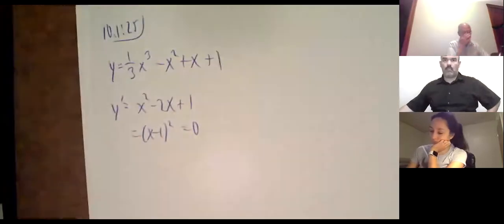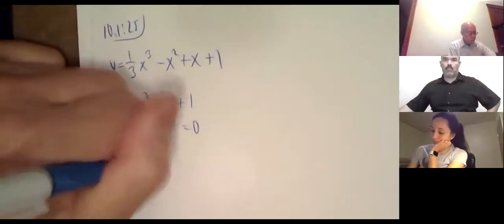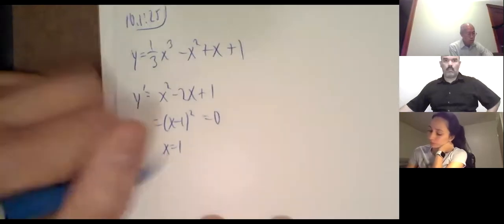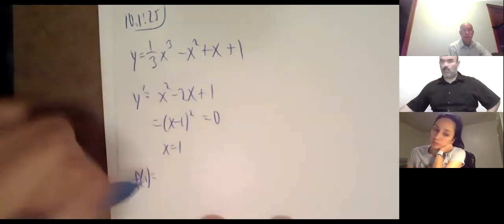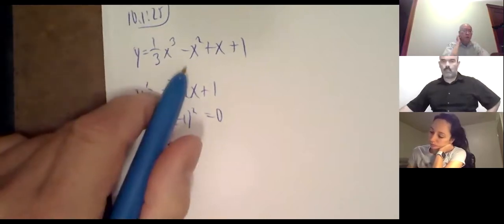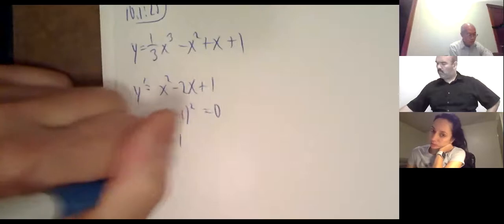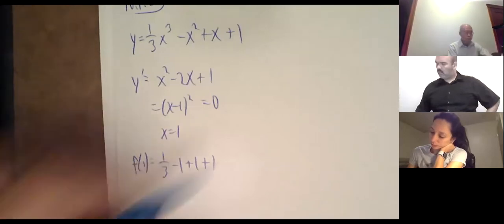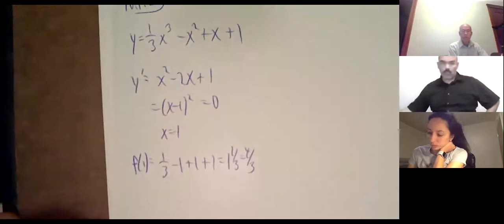Set it equal to 0. X equals 1. Plug in 1. 1 cubed is 1, 1 squared is 1. So I just have 1/3 minus 1 plus 1 plus 1. These cancel out. So 1 and 1/3, or 4/3.